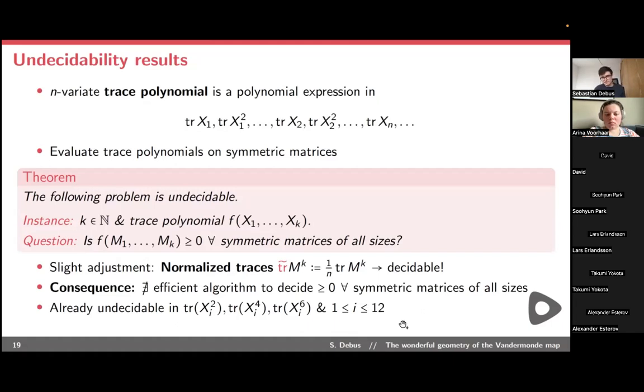There it's actually enough to have 12 variables. So k does not have to be arbitrary; k equal to 12 is sufficient, but it's not sufficient to take univariate polynomials. And also it's sufficient to consider only the first 3 even powers of matrices and traces in them.